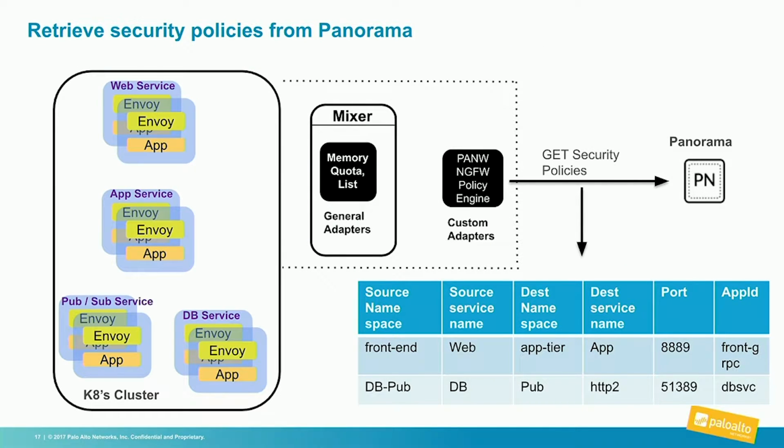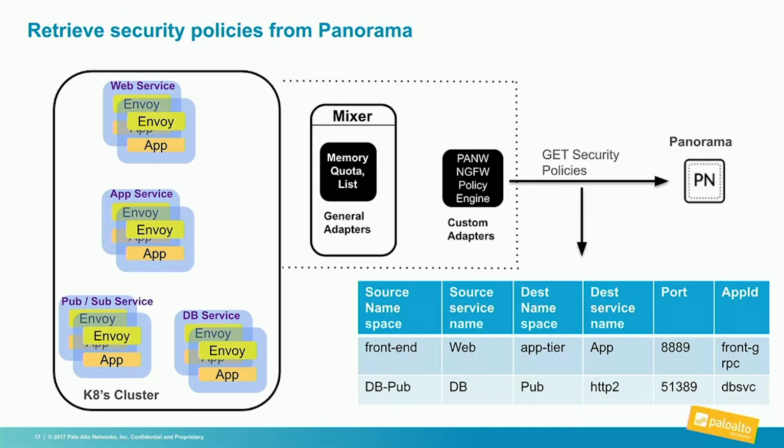Once that is done, we can deploy our security adapter onto your Kubernetes/Istio deployments. The first thing that this security adapter does is retrieve the policies that a user has defined on Panorama. So the workflow there is that a user has a single unified security posture where they discover on the Panorama platform all the services that are running, and they can script security policies on our management platform to define the sanctioned services and interactions between their containers.